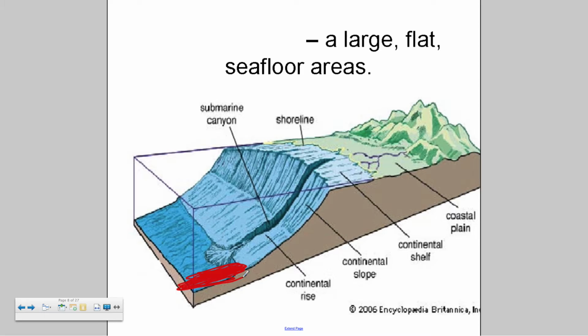With our land on Earth that we can see, the flat areas would be called what? Plains. So this would be your abyssal plain.